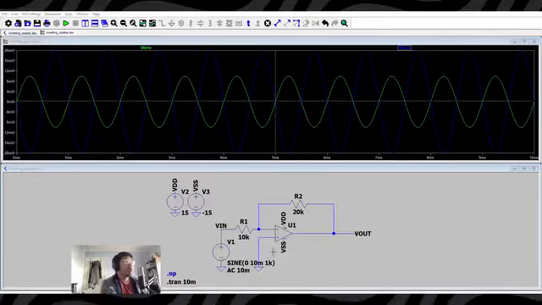So we can see that gain is A, the letter capital A, times the difference between the two inputs.